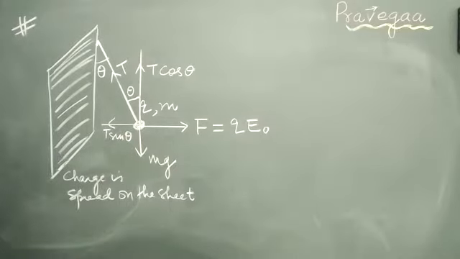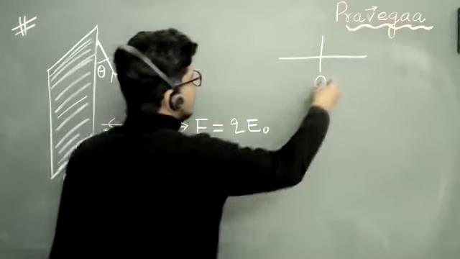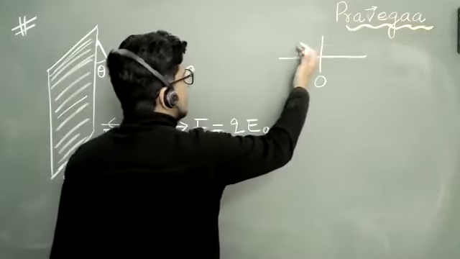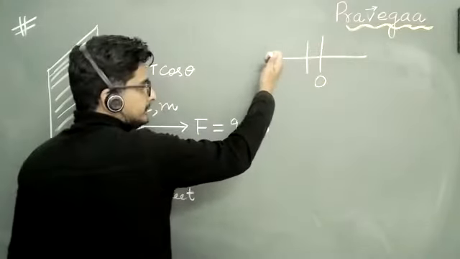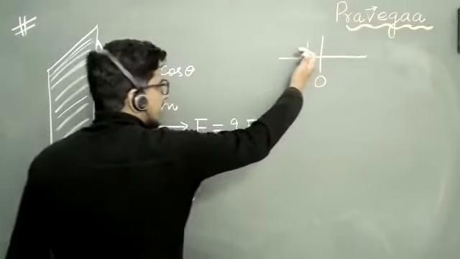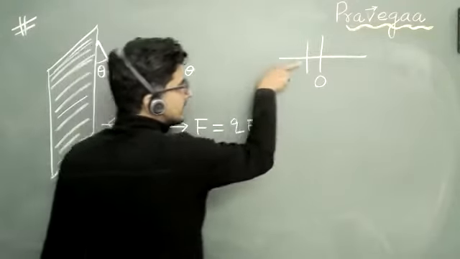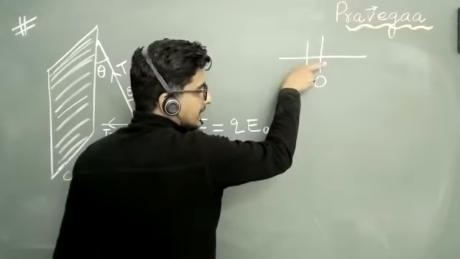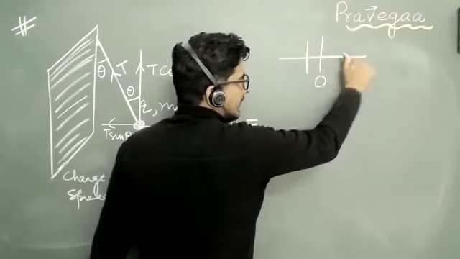For restoring, one thing came to my mind that I can tell in a better way. If you are taking the charge this side, you are applying force this side, but it is coming in the opposite direction, right? And if you take the charge this side, it will come in this direction.